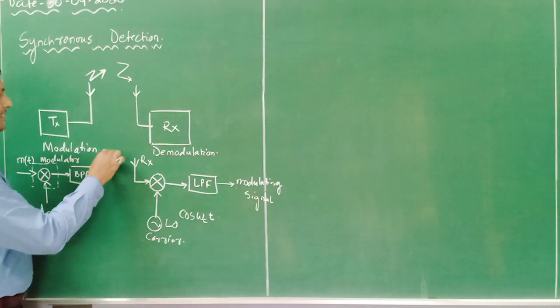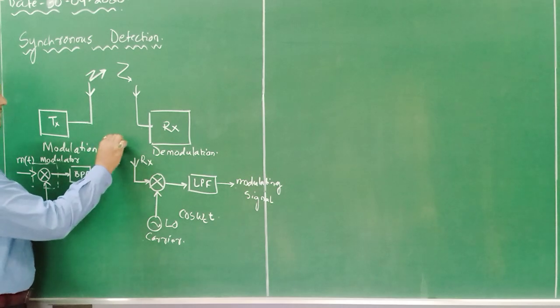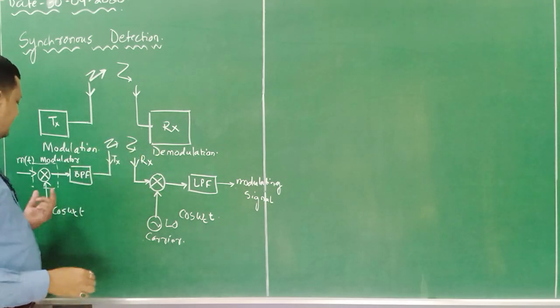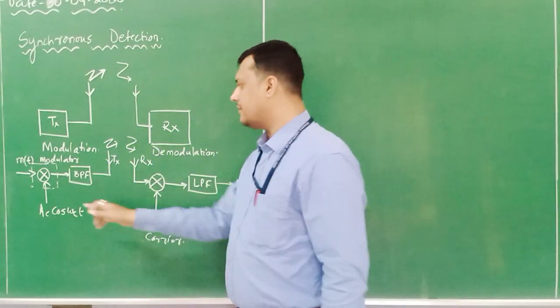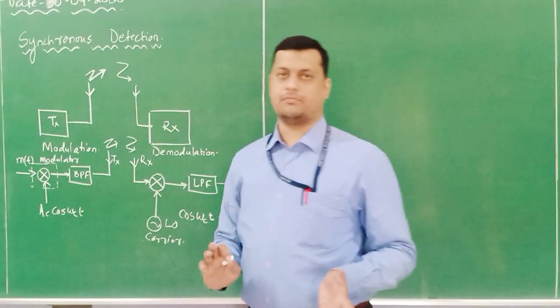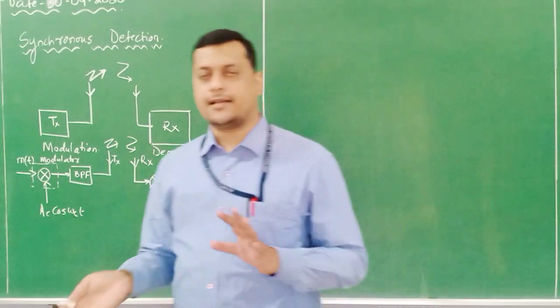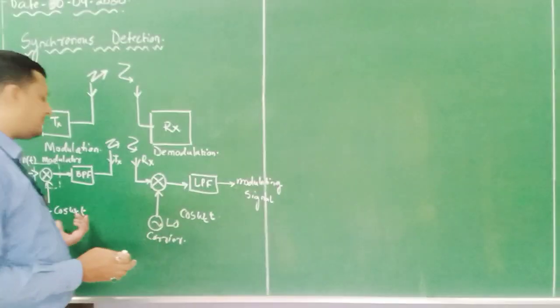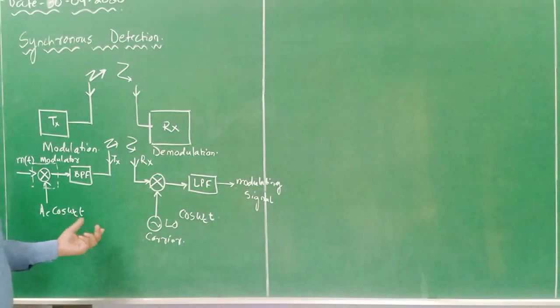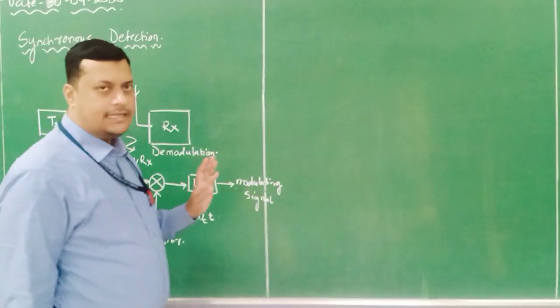This is the transmitter end antenna, this is the receiver end antenna, and if the same carrier frequency is matched, and the amplitude is okay, no problem, but we need to synchronize the carrier frequency. If the carrier frequency is synchronized with the transmitter frequency, then we can extract the modulating signal.